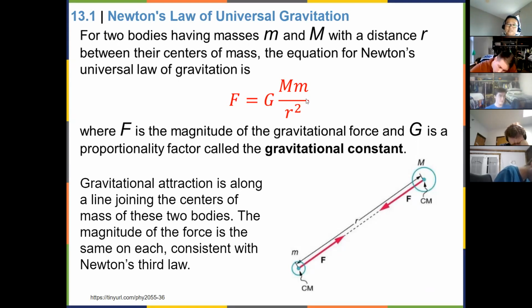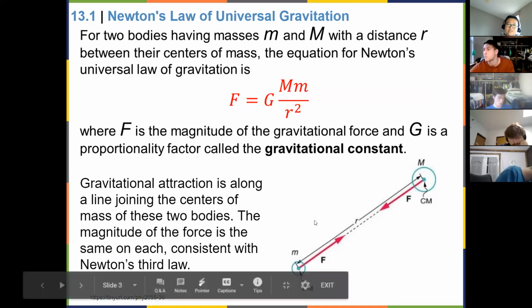So Newton's universal gravitational law is F equals G times capital M times small m divided by R squared.